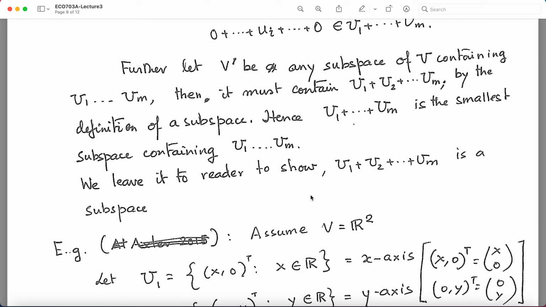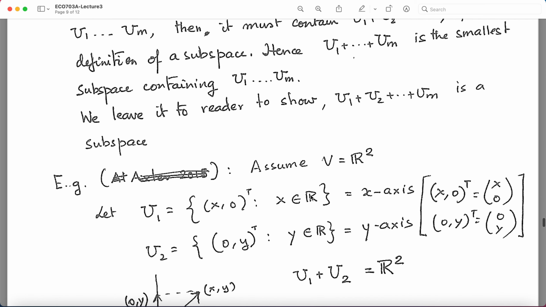You add them, you will get an element of u2, which we can call w dash. So, v dash is an element of u1 and w dash is an element of u2. So, v plus w is v dash plus w dash, which is an element of u1 plus u2. So, v plus w is also an element of u1 plus u2, that is it.